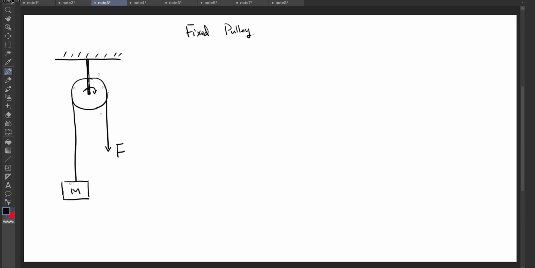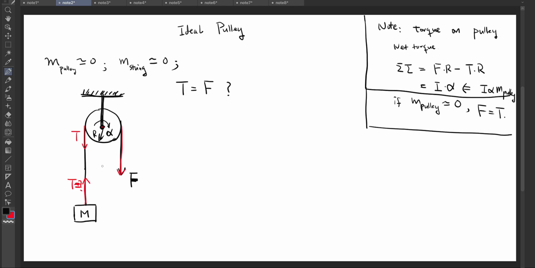Now for a fixed pulley, when we pull down the string, the object moves upward. So what's the property of the displacement of this object compared to the string's movement? And also, what's the relation between the forces? The force, we already talked about that, right?